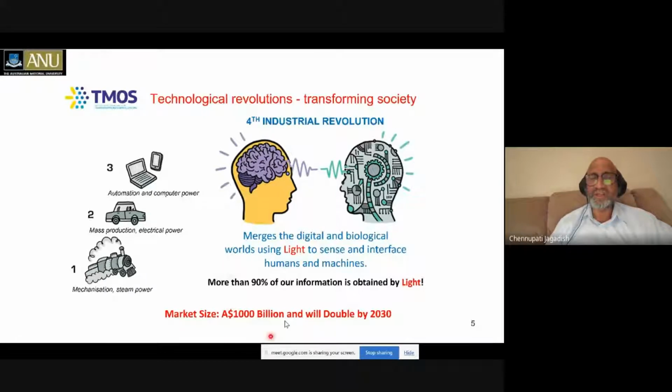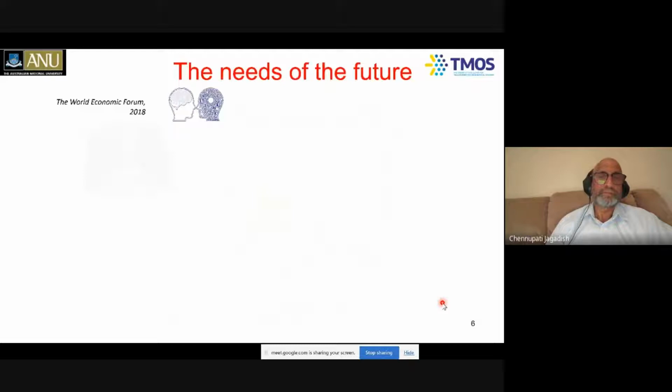Currently, the light-based industries are about 1 trillion Australian dollars, or about 750 billion American dollars. People are predicting that by 2030 these industries or technologies will double in their impact. That tells you there's a real need for photonics and optoelectronics, and optics-based technologies need to be developed for the future of the fourth industrial revolution.